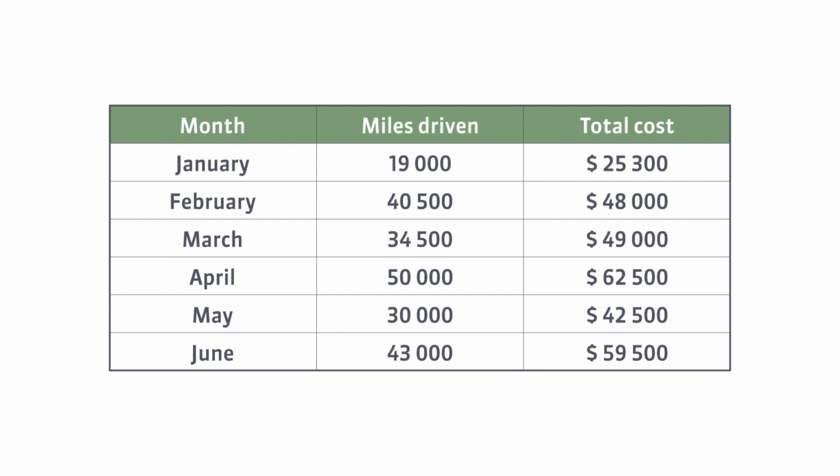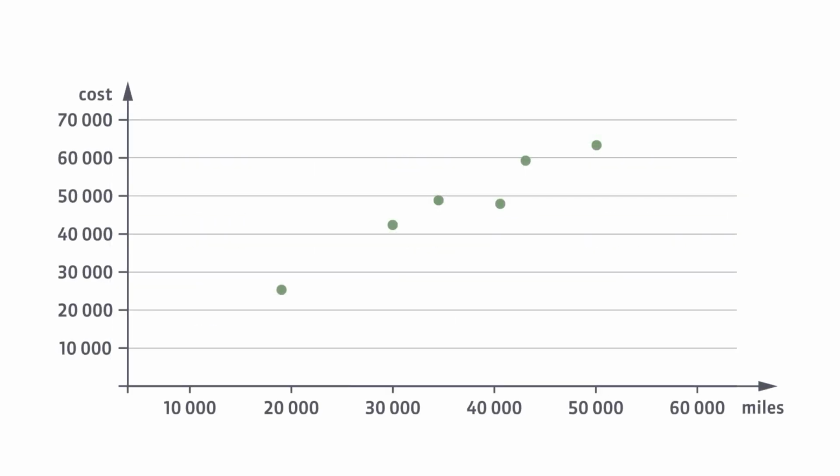Let me give you an example. Imagine our company has the following maintenance costs and mileage data for its fleet of trucks over a 6-month period. The graph shows this data. Now let's connect the lowest and highest points on the graph with a red line. As you can see, the rest of the points are not on the red line.